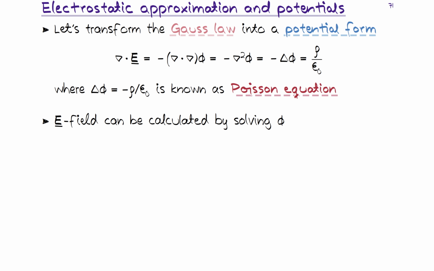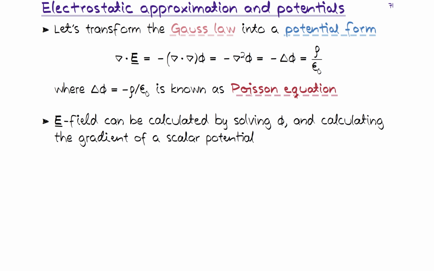So this can be looked at either way. Either we think that we have the E field, the electrostatic field, and we want to solve that. We can do that by solving for phi and then calculating the gradient of the scalar potential. So essentially we make use of this equality, and this is one way of doing it, and then we have solved Gauss's law.